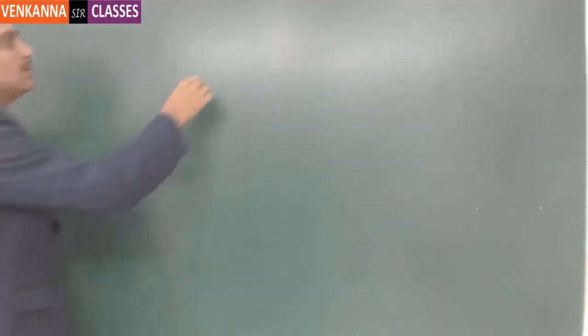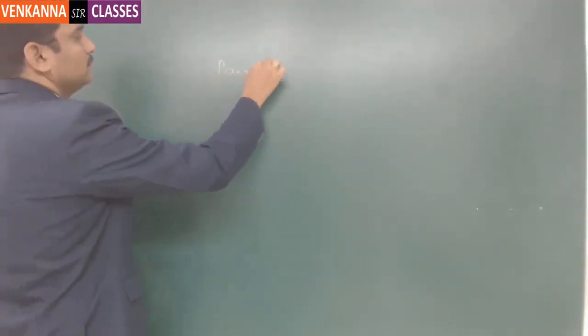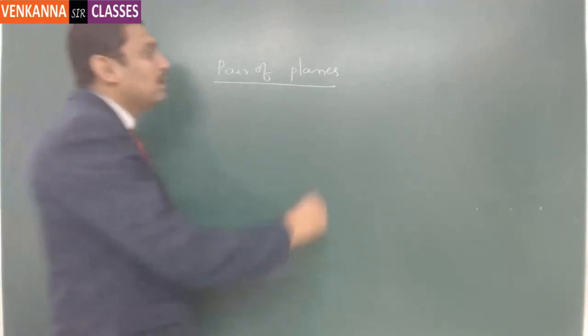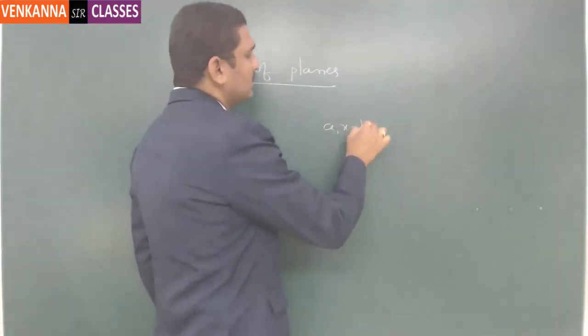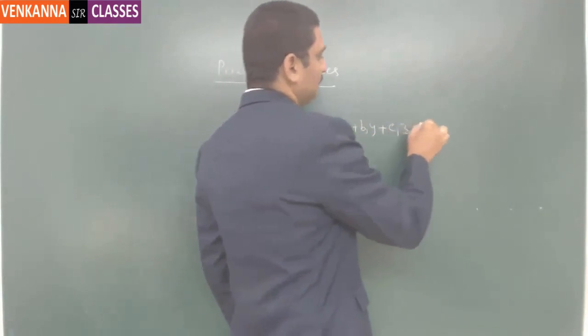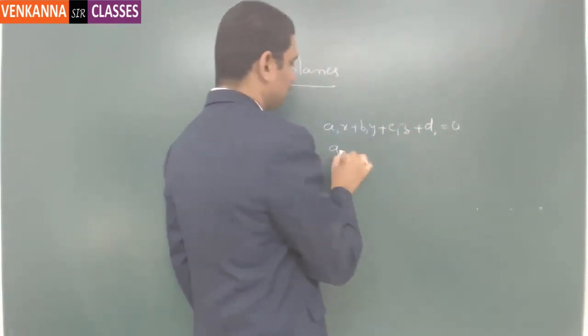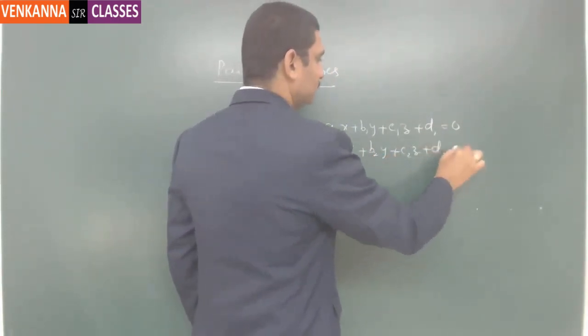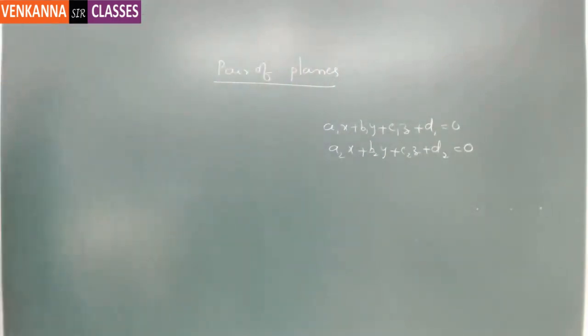So the next model is pair of planes. So please understand that I have taken two intersecting planes. Now what happens, apart from considering the two plane equations, I will consider the product.